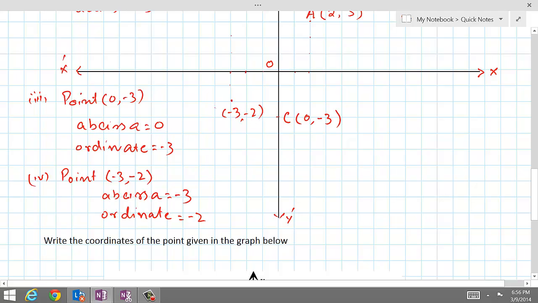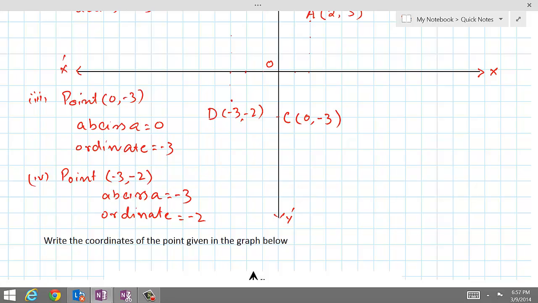Let's call this point D. It doesn't make a difference if you plot abscissa first and then ordinate, or first go in the ordinate direction and then abscissa. You will always reach the same point, but never confuse abscissa with ordinate. Abscissa always measures the horizontal distances, and the ordinate determines the movements along the vertical direction.